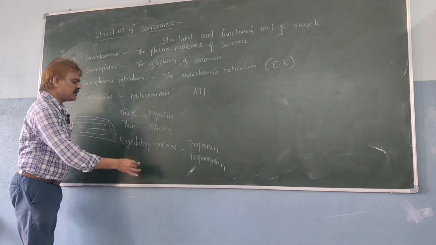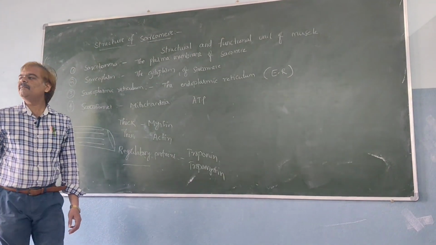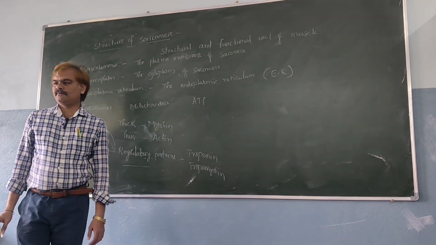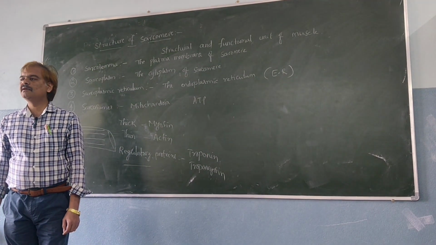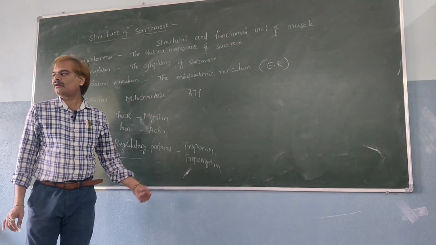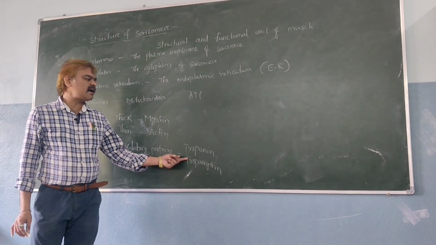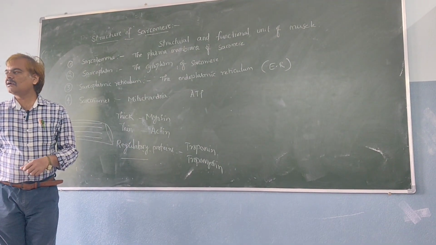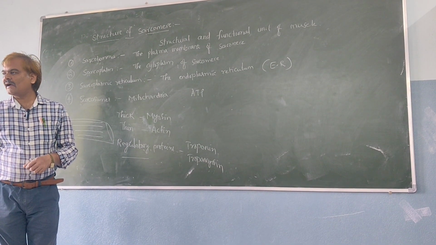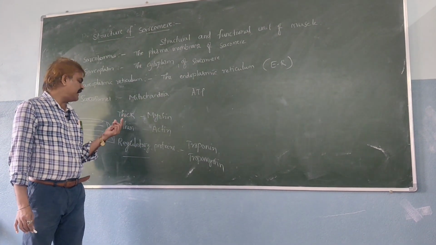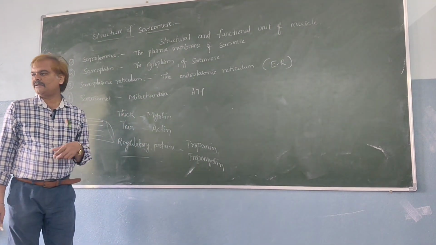So what is meant by regulatory? It will be helpful for regulation of muscular movement. That is the reason why it is called a regulatory protein. The regulatory proteins are associated with actin. Myosin alone forms the thick filament, and actin forms the thin filament.